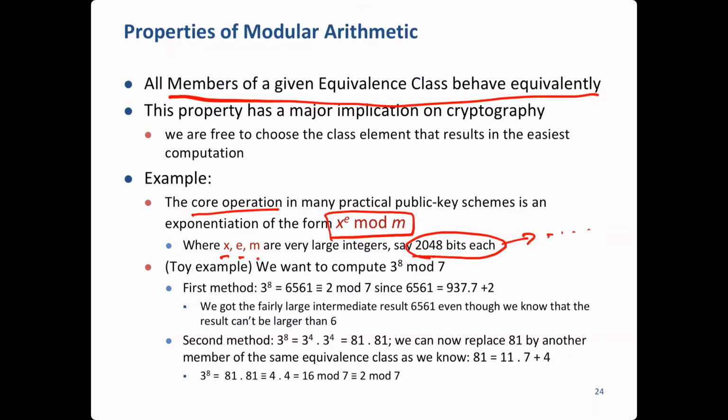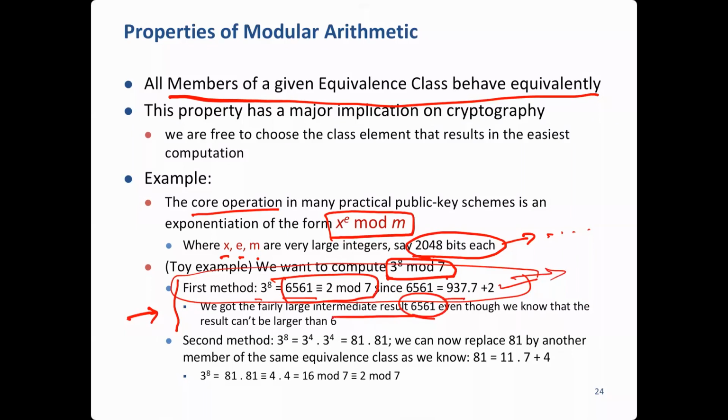For example, you want to calculate 3 raised to the power 8 mod 7. The first method, with our basic knowledge, is 3 raised to the power 8 is equal to 6561. Then we divide this by 7, we get 937, the remainder is 2, so we can write this as 2 mod 7. But this calculation is very long, because you get a very large intermediate number like 6561.